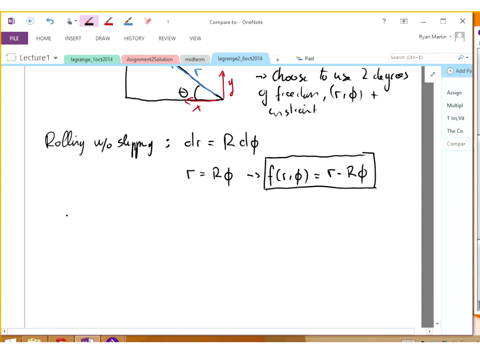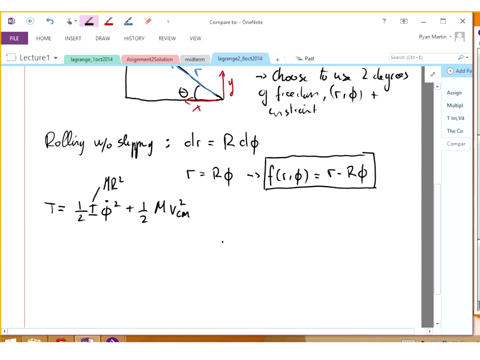So the kinetic energy, T, there's actually 2 terms. It's a hoop that rotates, so it's a half I phi dot squared, right? The angular velocity of the hoop is phi dot, and it has a moment of inertia, I, plus a half the mass of the hoop times the speed of the center of mass squared. So I for a hoop is m R squared, right?